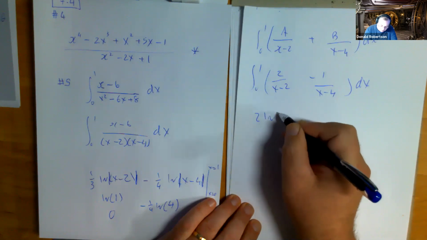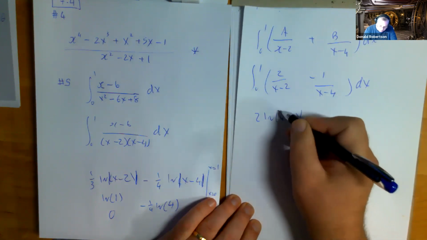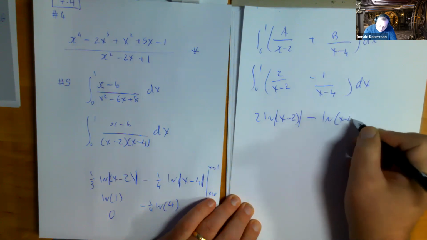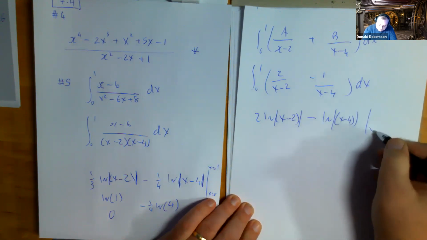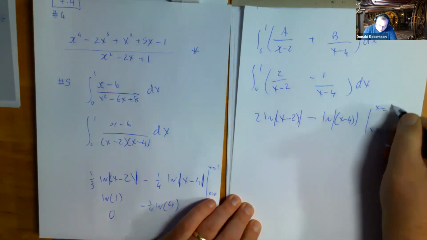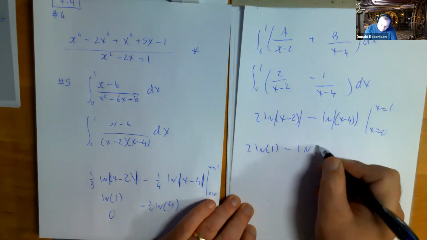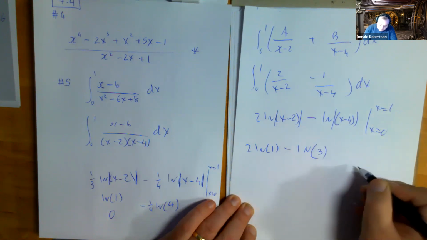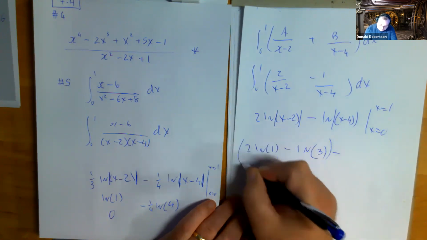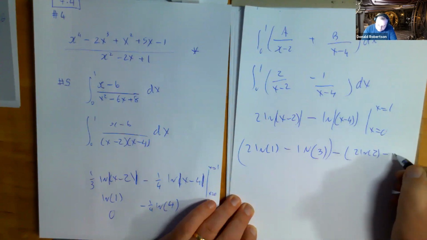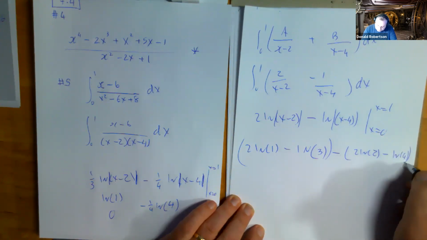So you're going to have 2 natural logs of x, absolute value, take away 1 natural log of x minus 4, absolute value, evaluated at 0 and 1. So that's going to be 2 log 1, take away the log of 3, minus 2 log 2, take away the natural log of 4.